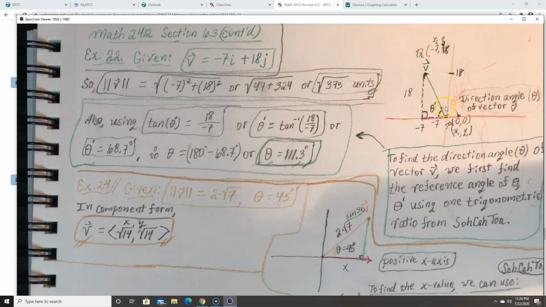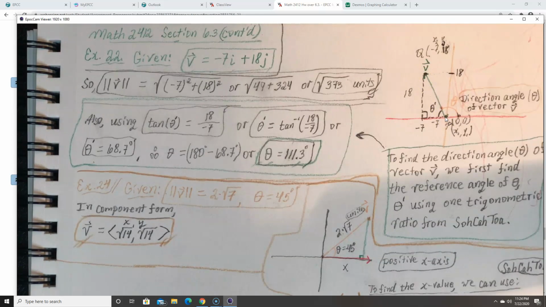So how do we find this angle now? Well, go back to the origin, the initial point of the vector that's in standard position. There is our vector.